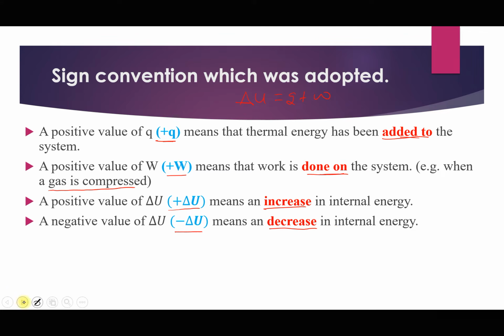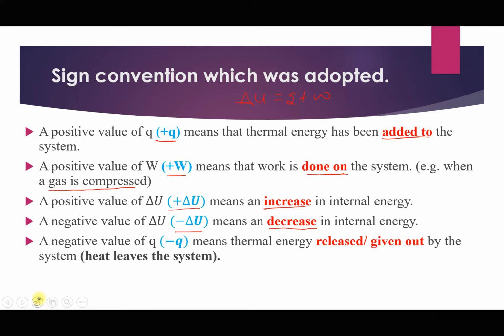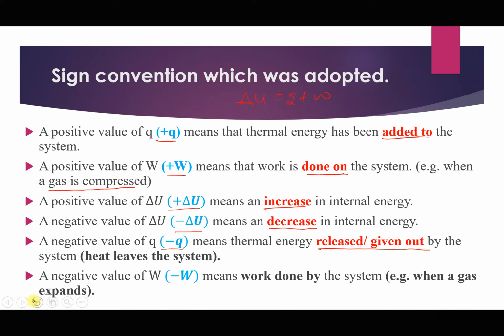If heat is released or given out by the system, the sign convention will be negative Q. So negative Q means heat leaves the system. And lastly, negative W would mean work is done by the system. For example, when a gas expands, it is doing work on the surroundings, and the work done by the gas on the surroundings is considered to be negative.